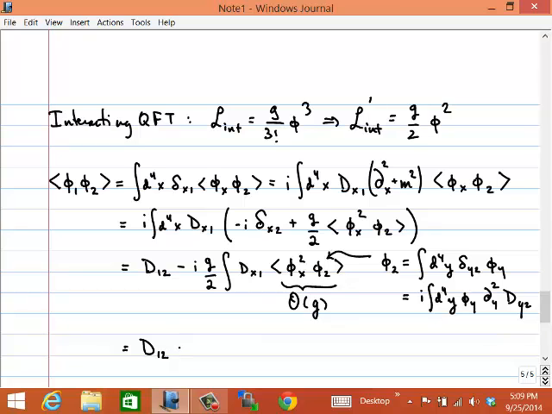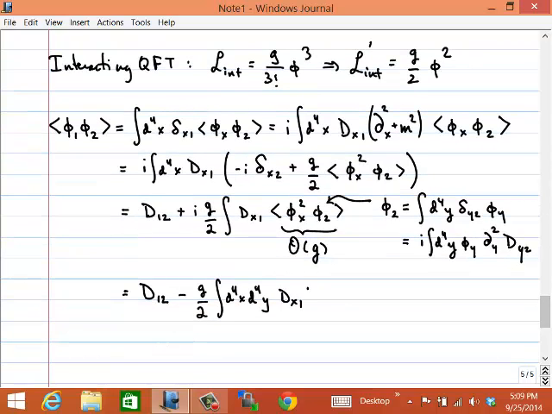Okay. Sorry, there's a plus sign there, and so I get a minus g over 2, and I get an integral d4x, integral d4y of a d of x1, and a d of y2, and then I have d by dy squared plus m squared of the expectation value of phi of x squared phi y.